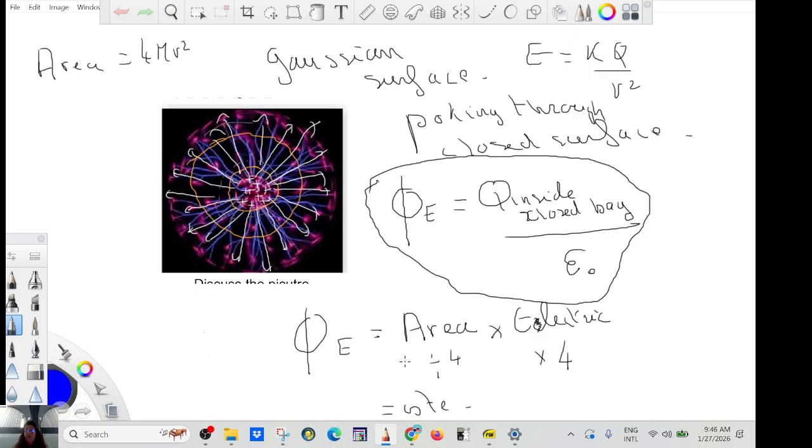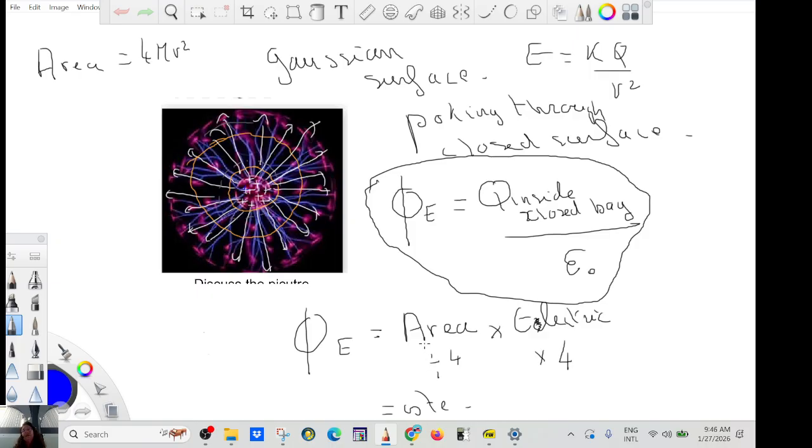Okay, so we're going to see that the number of lines depends on the area times the electric field. I will show you that with water, for example, but that will be the definition of an electric flux.